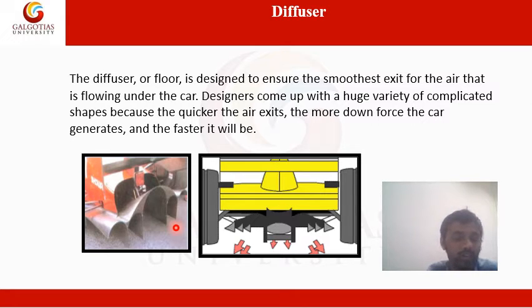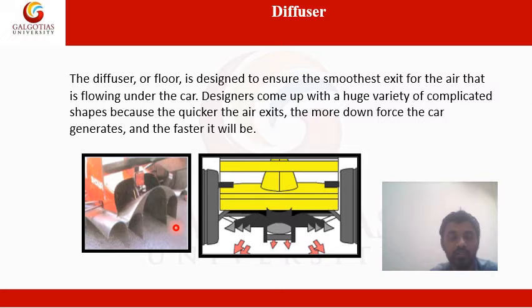Designers nowadays are coming up with a huge variety of complicated shapes, because it's a fact that the quicker the air exits, the more downforce the car will generate, and once it generates more downforce, you can easily understand that the car will be faster.